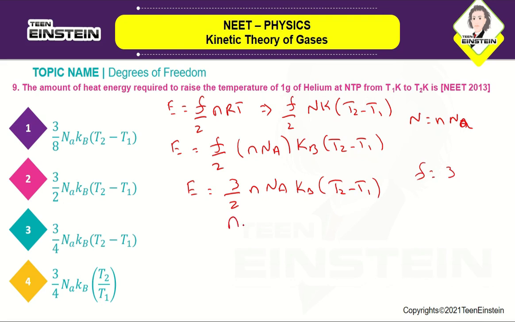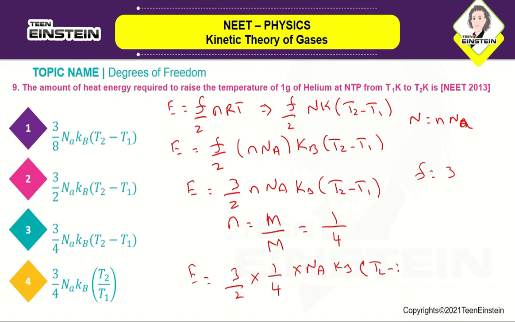Now N is equal to M by M, which is equal to 1 by 4. So E is equal to 3 by 2 into 1 by 4 NA KB T2 minus T1.